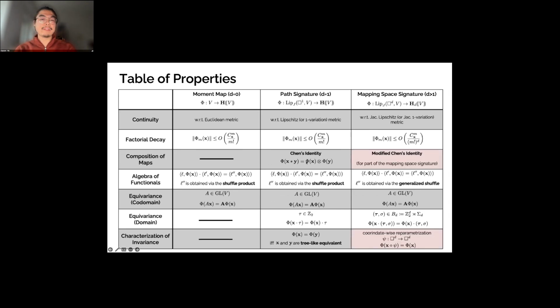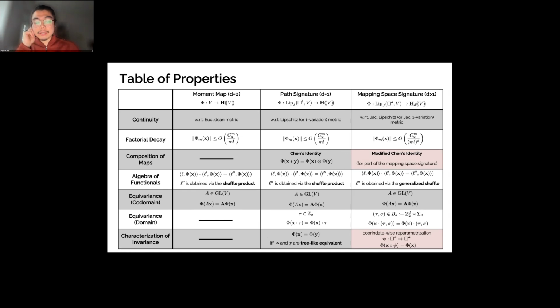The properties of these three maps are also very similar. Highlighted in red are the properties that aren't necessarily full generalizations of the path signature, but sort of intermediate generalizations. As I mentioned before, we don't have a full Chen's identity, but we have a modified variant. And in the case of the path signature, we were able to characterize the invariance of these signatures.